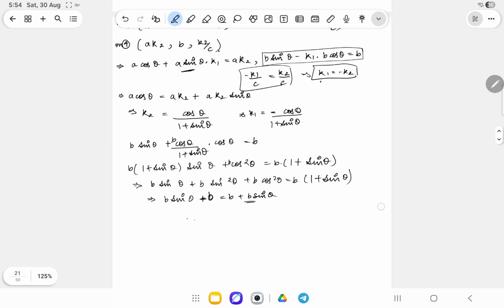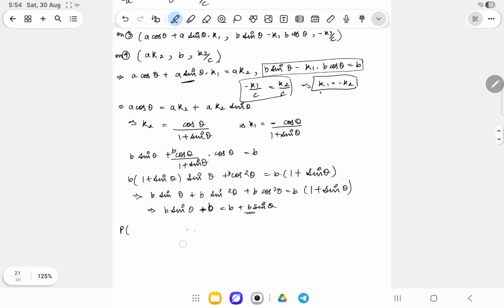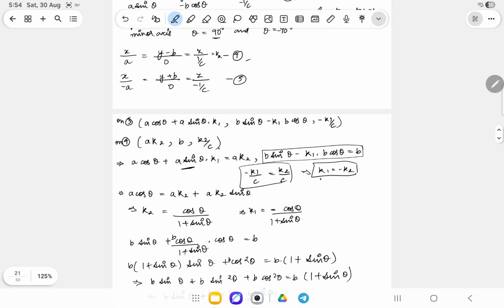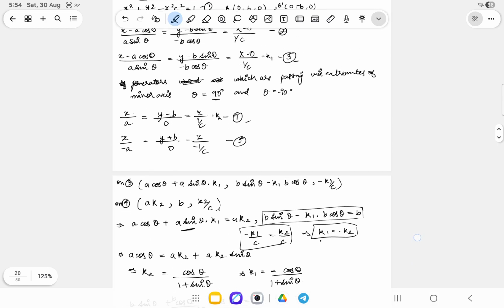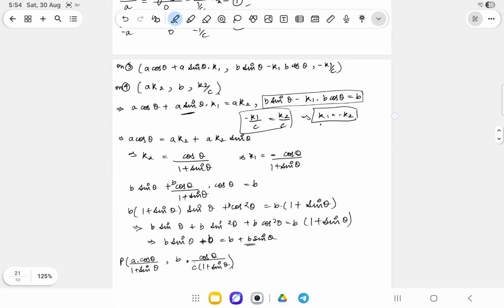So their intersection point, let's name it as P, will be basically a into k2, that is a cos theta upon 1 plus sin theta, comma, b, comma, k2 by c, that is cos theta upon c into 1 plus sin theta. Likewise, we can solve for the other generators as well.